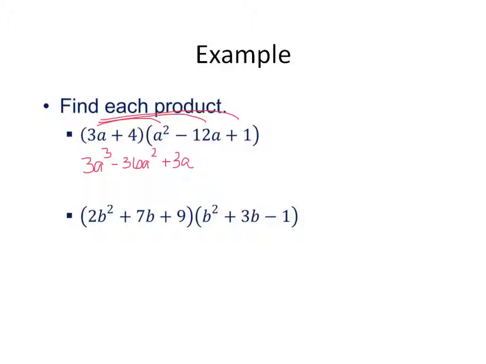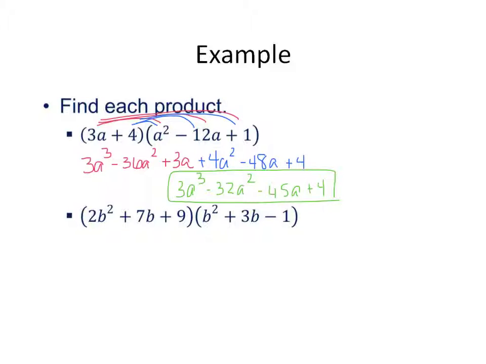So there's the 3a being distributed. Then we're going to distribute 4 again to everything, so we have plus 4a squared minus 48a plus 4. Anything that can be combined, we need to combine. So we have a 3a cubed. For the a squared terms, it looks like we have a negative 32a squared. And then for the a terms, a negative 45a and a plus 4. That would be our final answer.